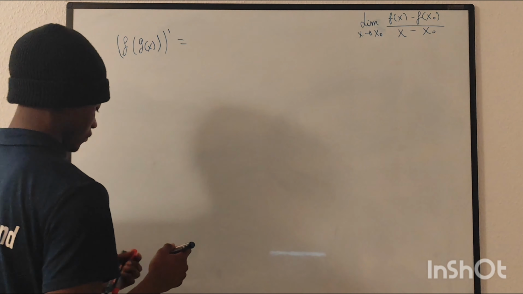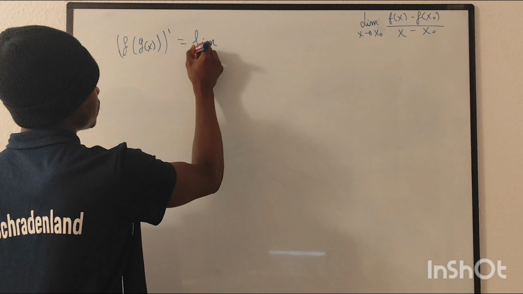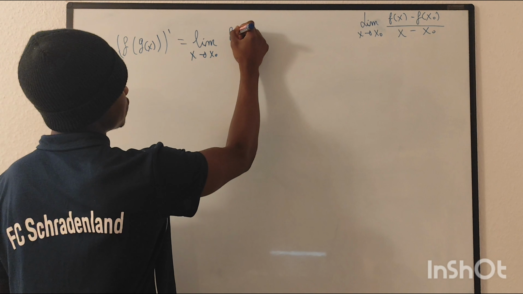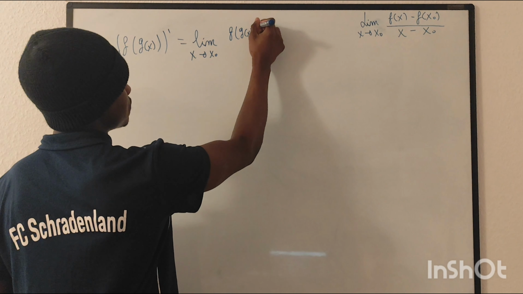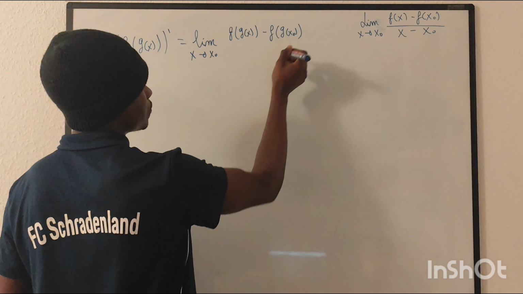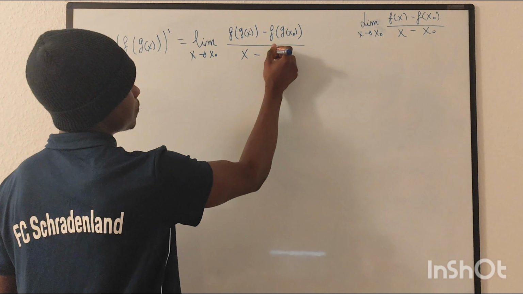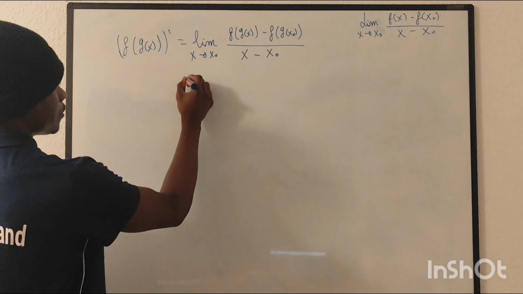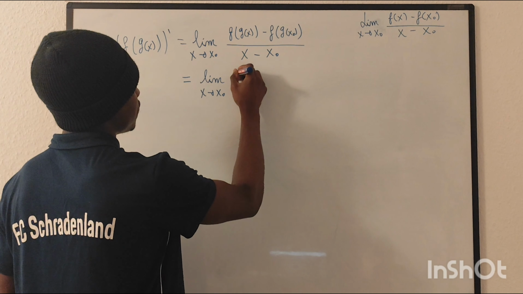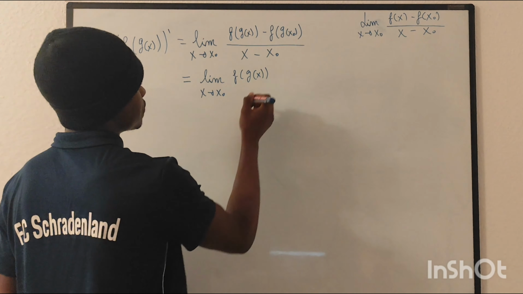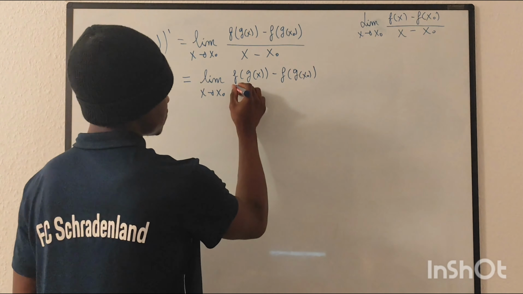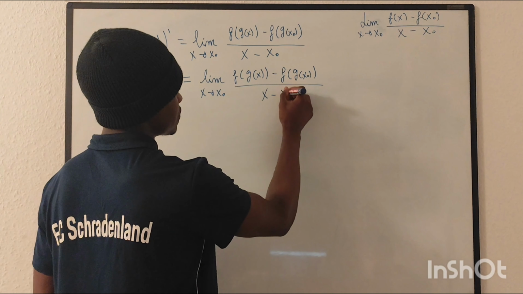This is the limit when x comes to x0 of this function f of g(x) minus f of g(x0), divided by x minus x0.